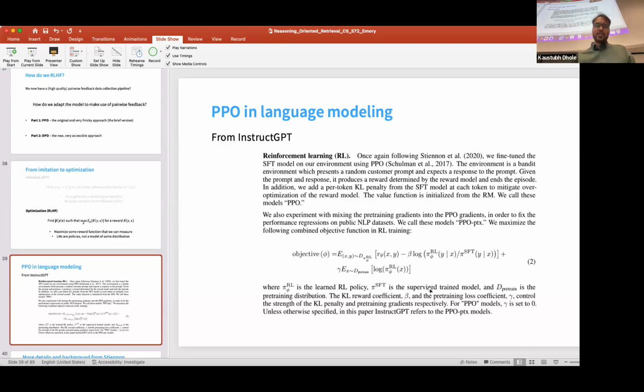Is there any question regarding this equation particularly? Or do you want to take a look for a second at this equation? Proximal policy optimization, right.